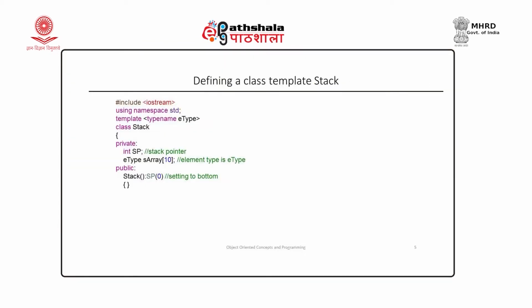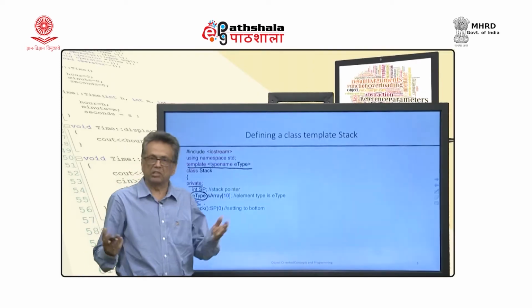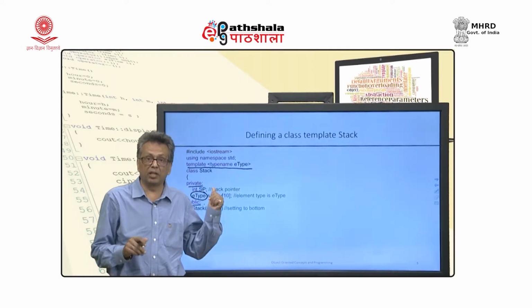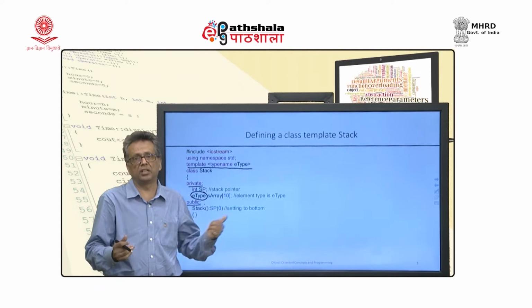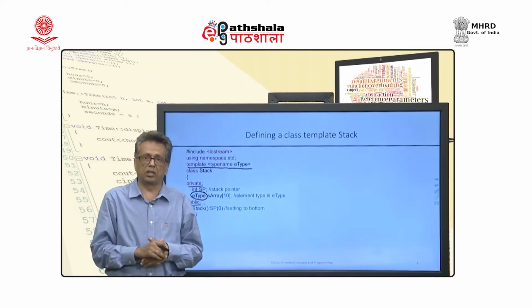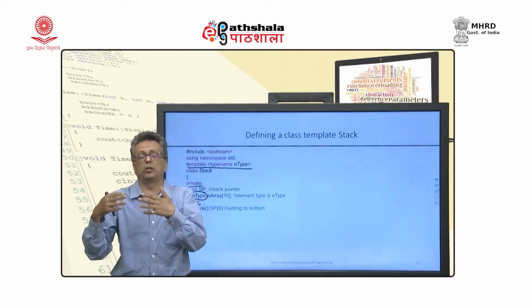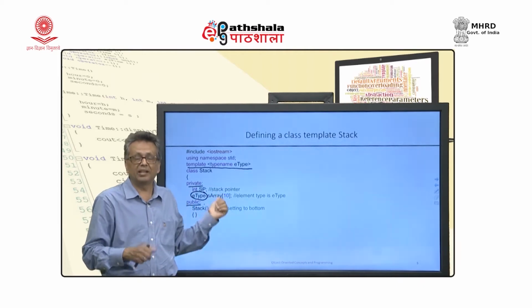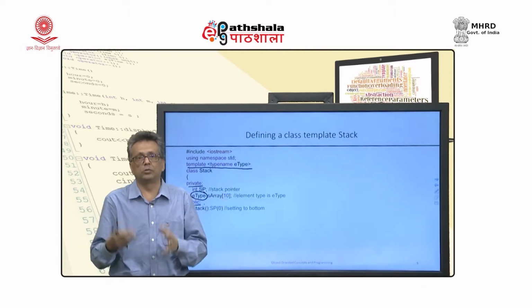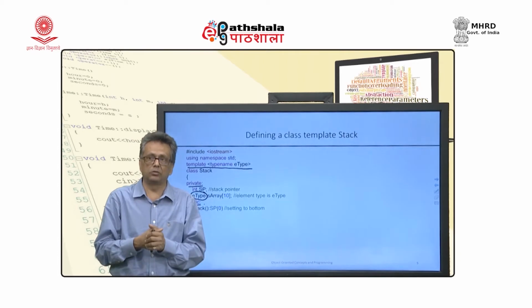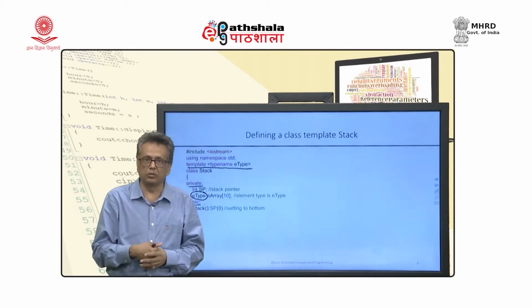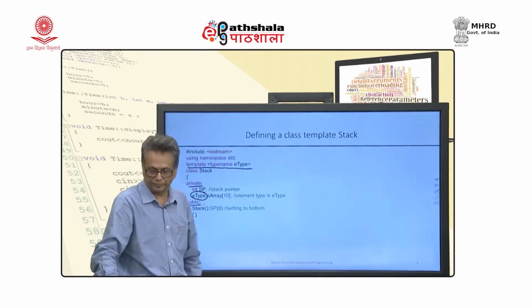And you can see that I am defining the class and doing everything that I want using e type as a specific type. Remember, like in function templates, e type is also a placeholder. Whenever you define a stack of int or char or whatever, e type will be instantiated into that type.